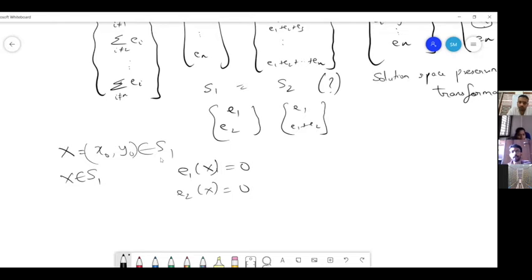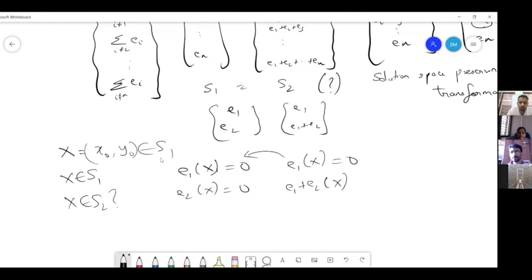That is, if I substitute x0 and y0 in equation 1 and equation 2, I get 0. Now the question is, does x belong to S2 also? We check if it satisfies equation 1 of system 2, which is E1. Of course, E1 of x is equal to 0 because this is the same. Now the question is, is E1 plus E2 of x also equal to 0?